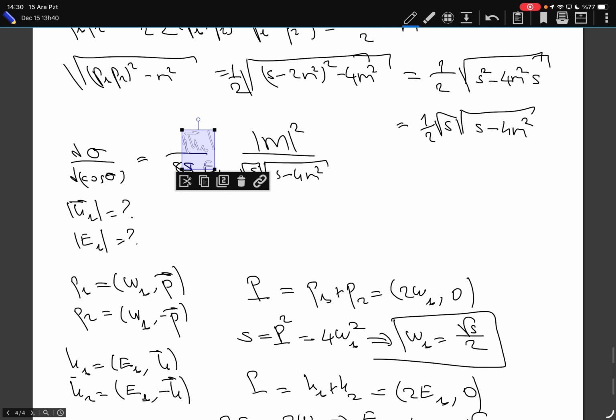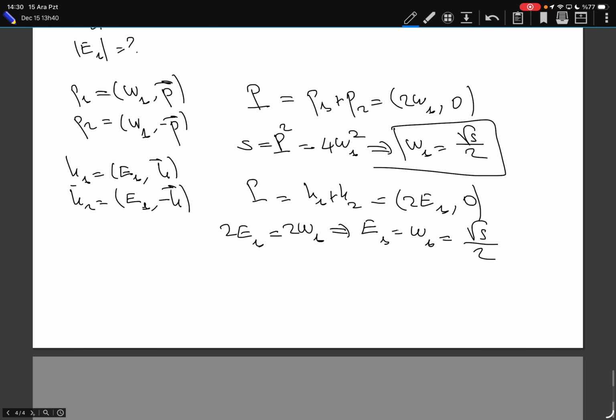Now the only thing left is K1. But note that E1 squared minus K1 squared, this is M squared. So K1 squared is E1 squared minus M squared. Well, E1 squared is S over 4.